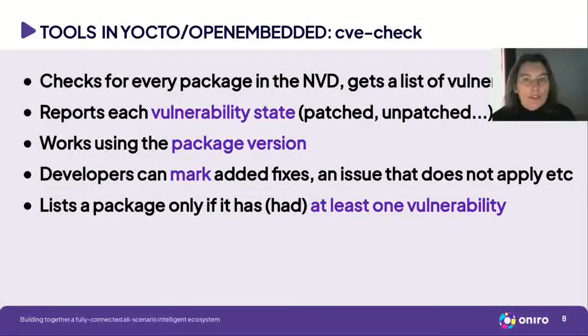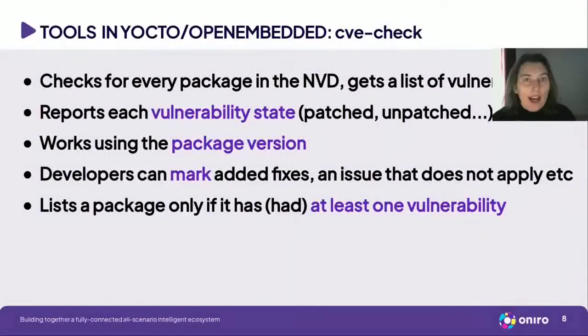Developers with CVE check have a way to mark that they have added a fix. So we have a basic package that has an issue, and then we add a patch for this issue, and then we mark that we no longer have this issue.